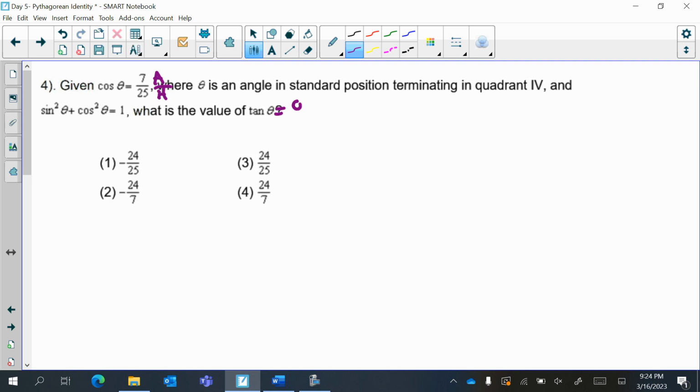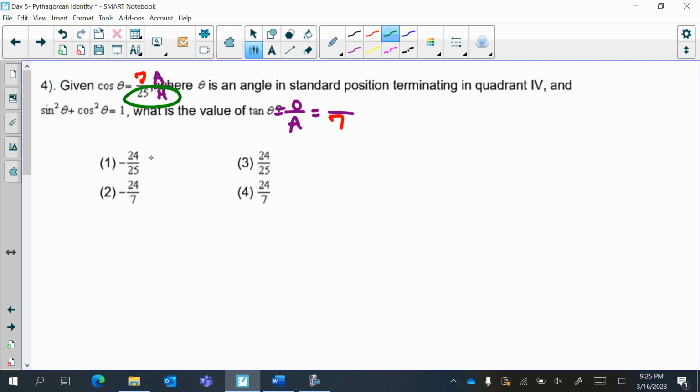Tangent is opposite over adjacent, right? So clearly, you are going to have something over your adjacent, and the adjacent is 7. So you're going to have something over 7. What you're not going to have is the 25, because the hypotenuse is in cosine, but tangent doesn't use the hypotenuse. Tangent uses opposite and adjacent.